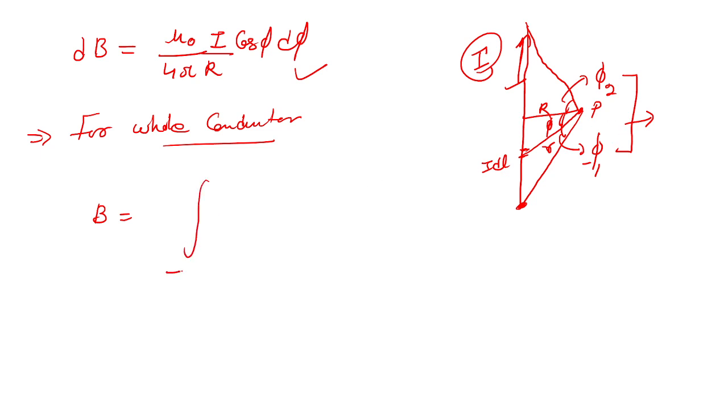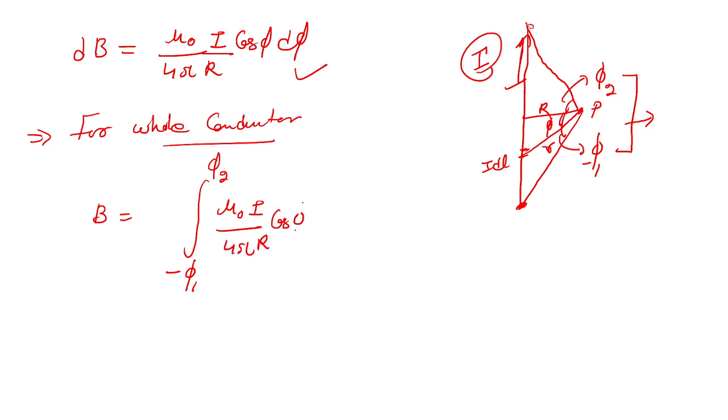So what is our limitation? It is φ₁ to φ₂, because φ₂ is the angle made at point P with respect to the upper end.